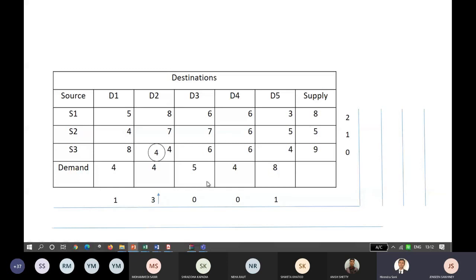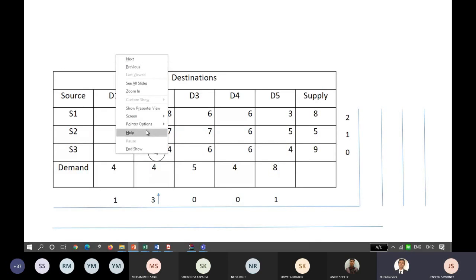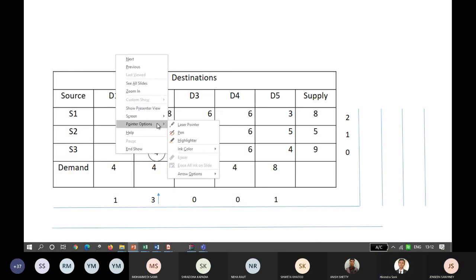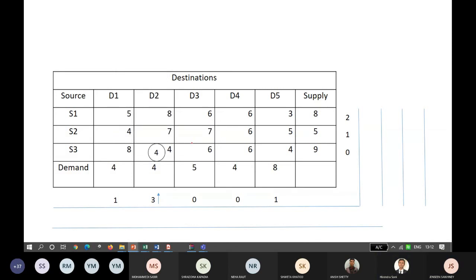I have already allocated 4. So this will reduce and become 0. No further allocation could be possible here. At the same time, your supply capacity here will reduce to 5.